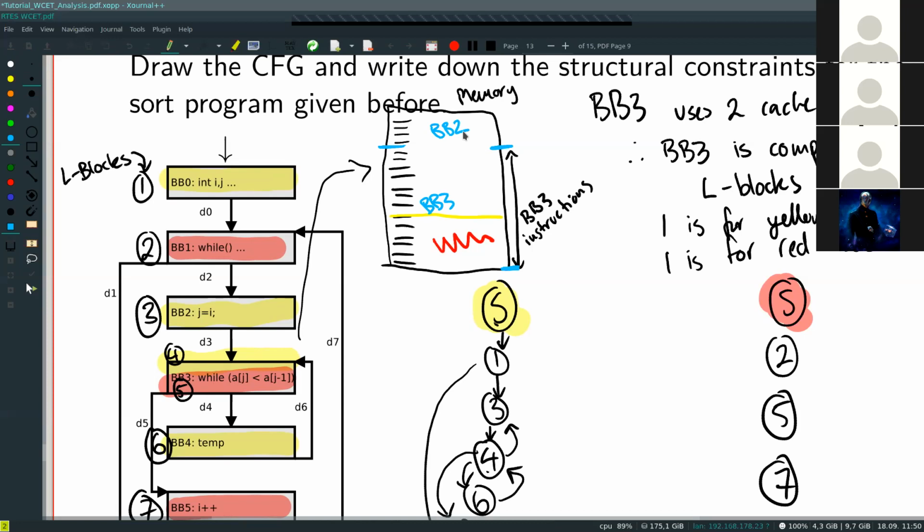And this whole section might map into a cache line.